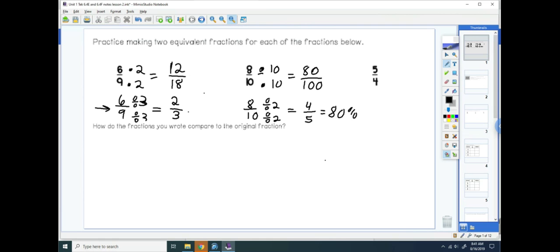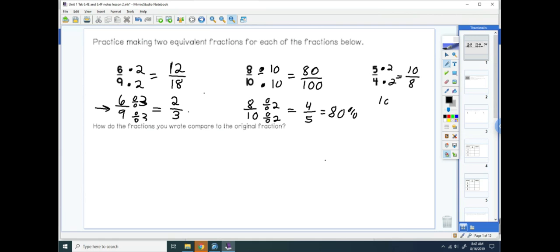Okay, let's try another one. So 5 out of 4. The bigger number's on top, meaning this is greater than a whole. So I can multiply this by 2 and make that 10 out of 8. 10 out of 8 is still equivalent.